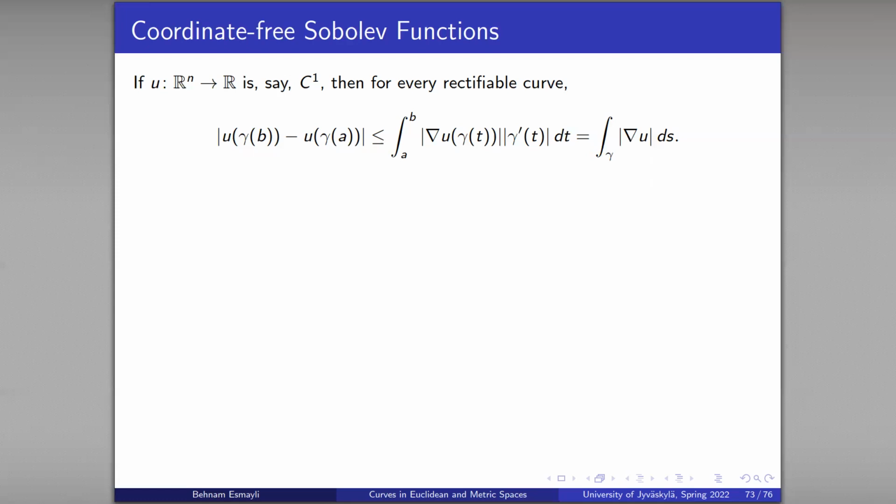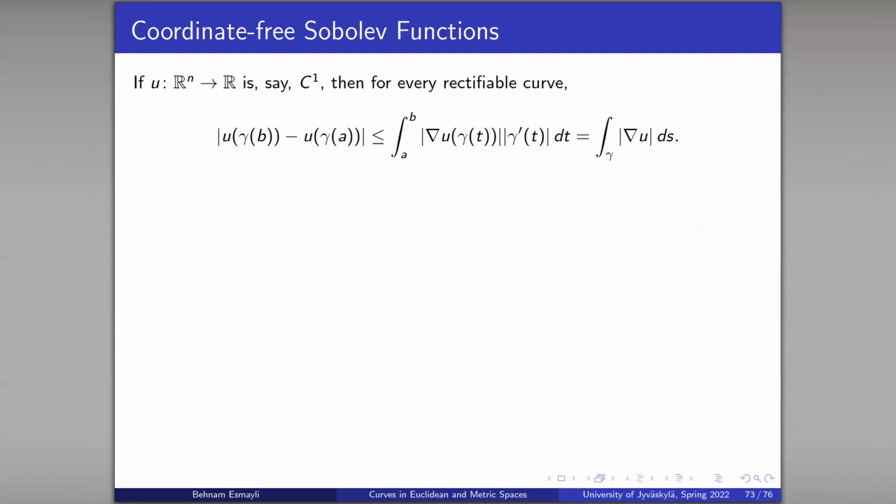More important than how this is proven is what it says. It says that no matter what curves you have, whether it is this curve or this curve or this curve, the difference between the end values, here gamma b, here gamma a, is less than integrating this gradient along those curves. So pick any curve that joins these two, integrate along the curve, and its value is bounded from below by this difference.